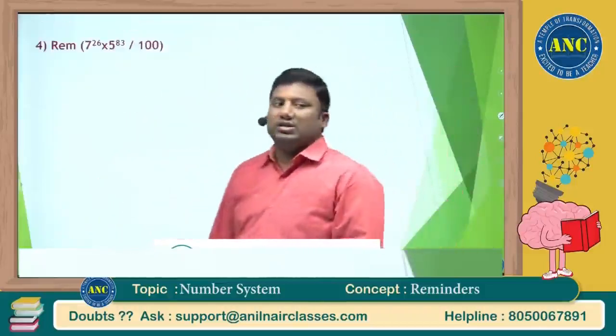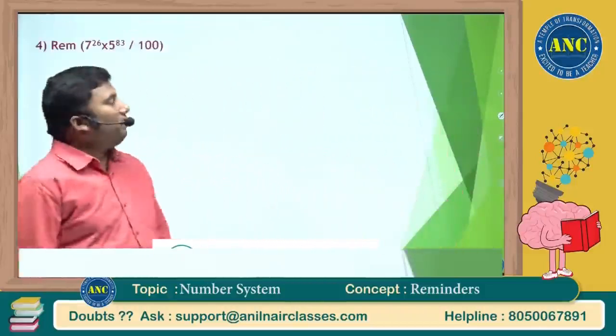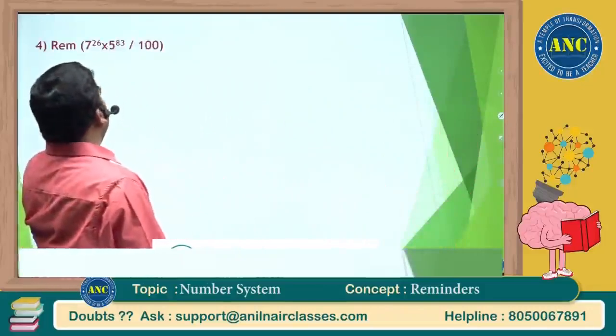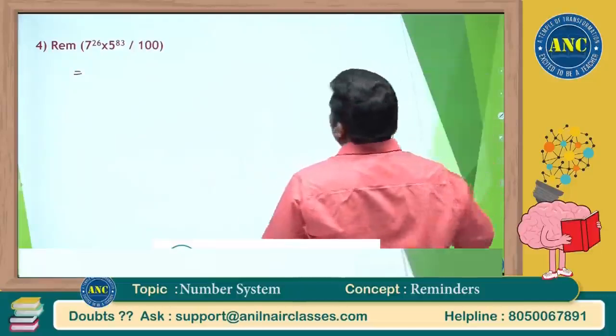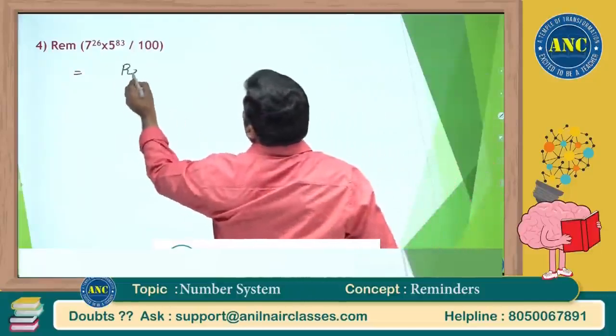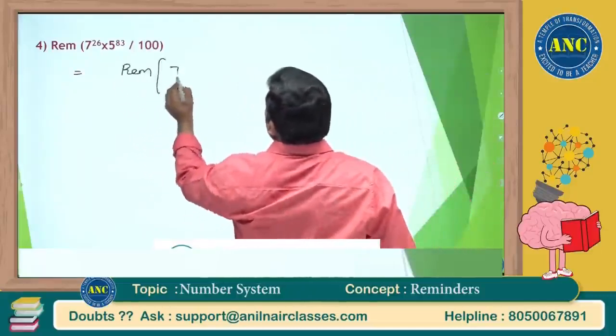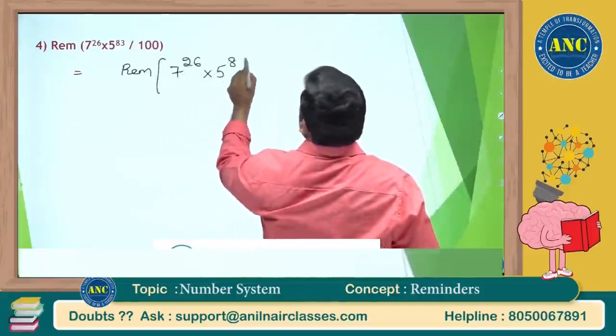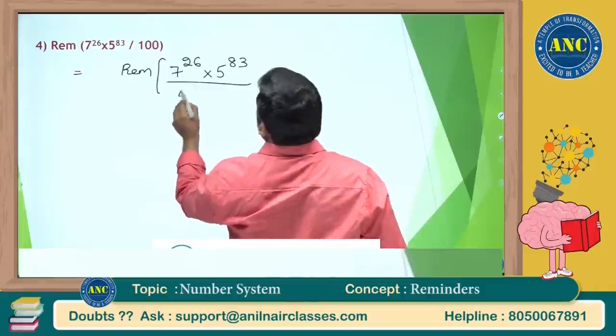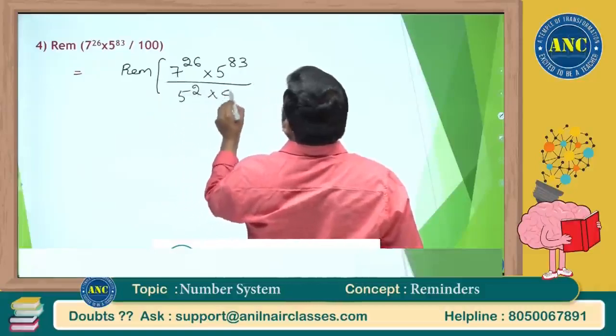7 power 26, another good question. 7 power 26 into 5 power 83 divided by 100. 100 is 5 square into 4.